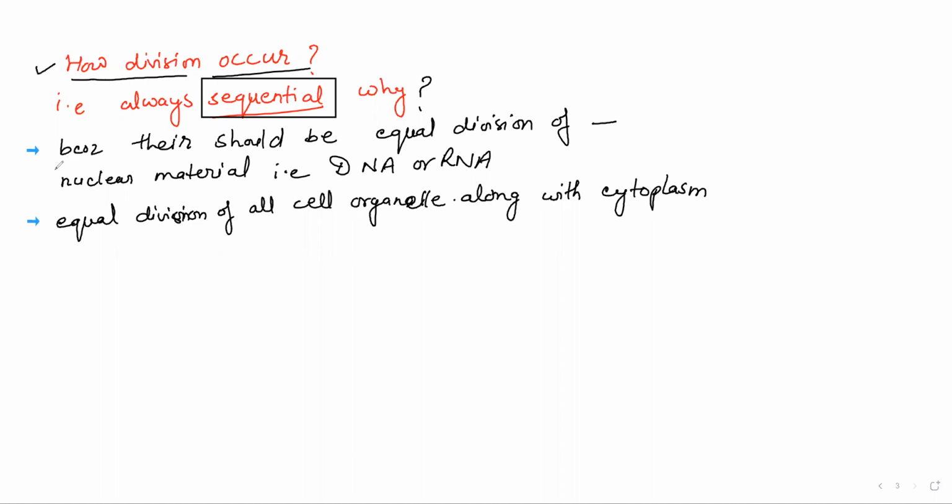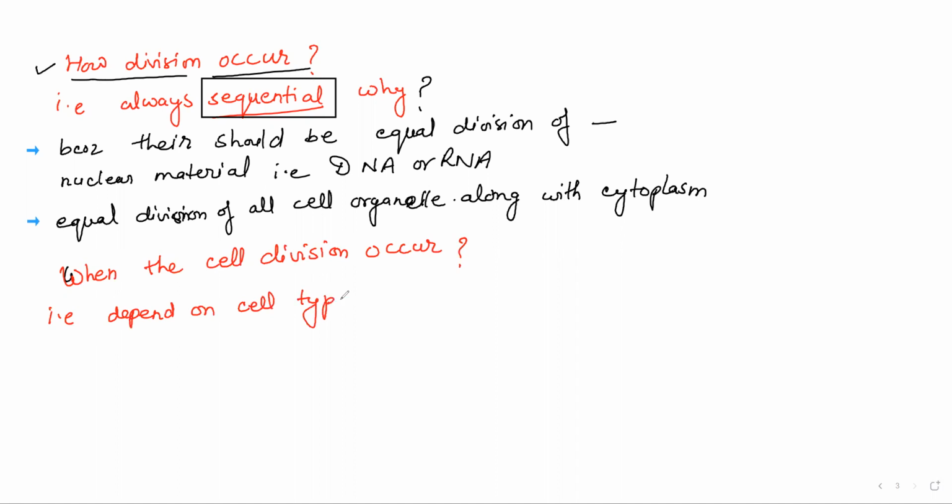Now next is, when does cell division occur? That always depends on the cell type.